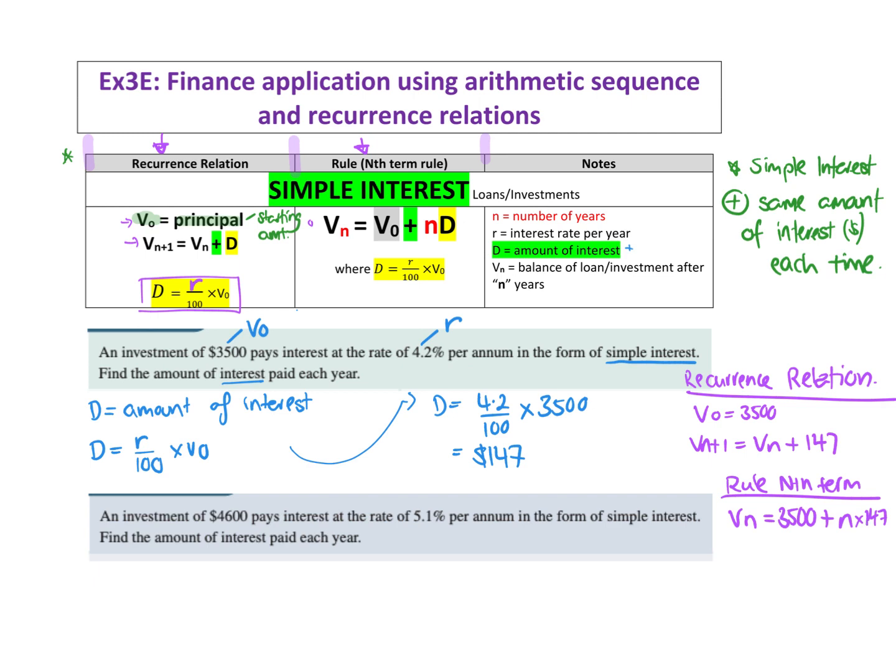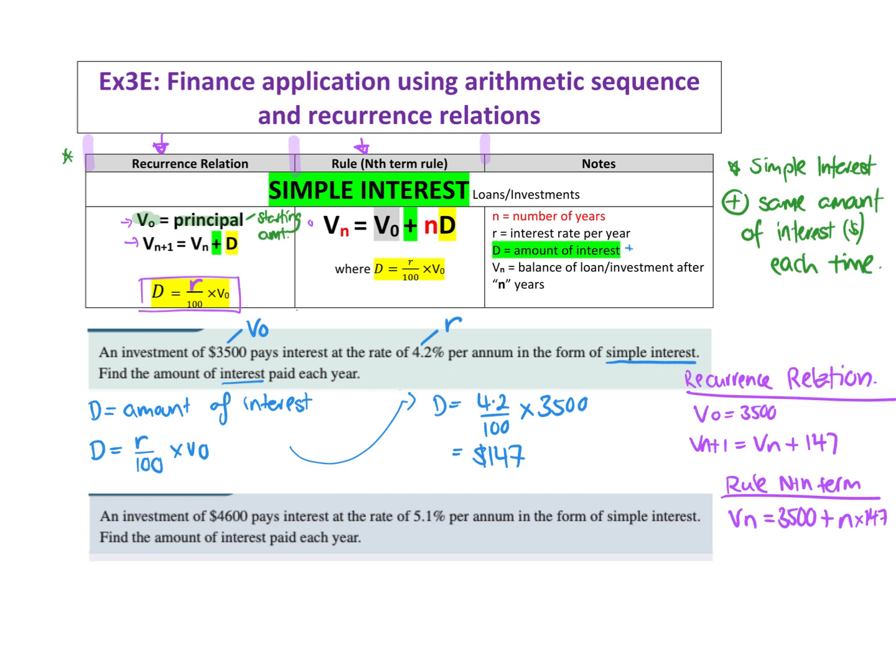So there's the nth term rule. If I got asked to write that, then I might get asked to find, after 13 years, just use that one. Okay, we'll do more practice, but I just want you to have it in your notes right there so you can sort of understand when you're looking at it.